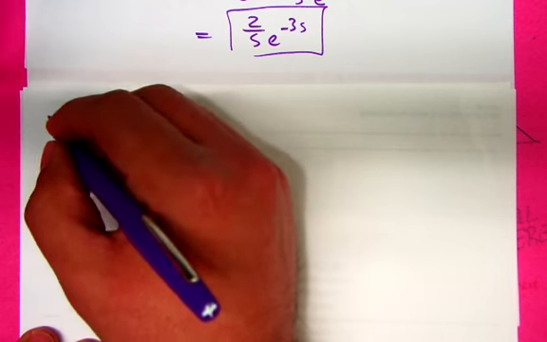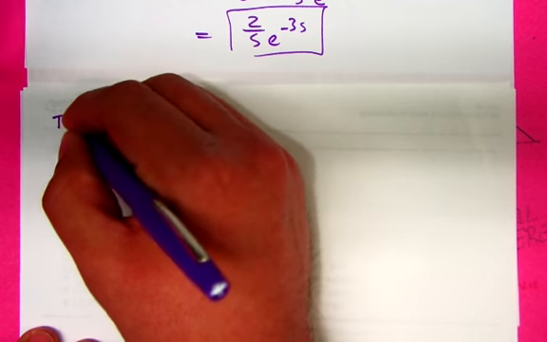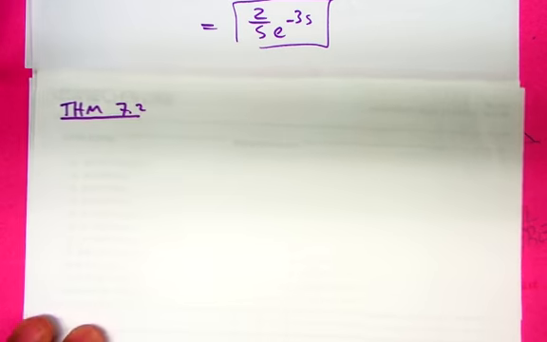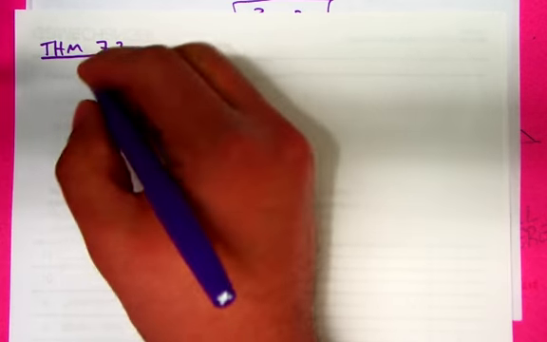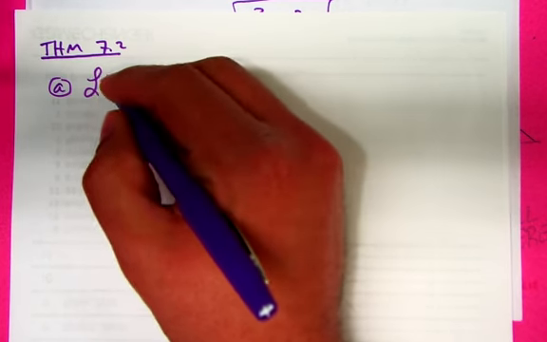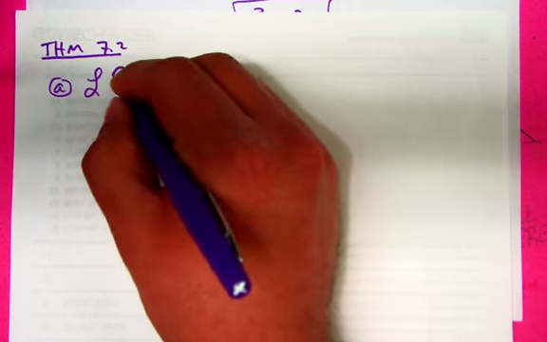This is called Theorem 7.2. I'm not sure really why it's worth being called a theorem, but whatever. All right, so the first transform you should know is the Laplace transform of 1.